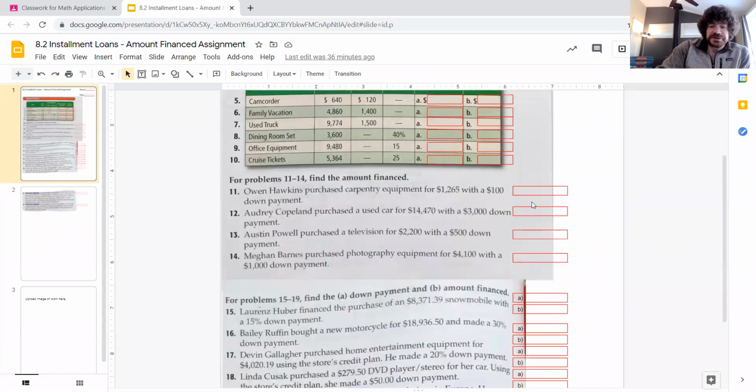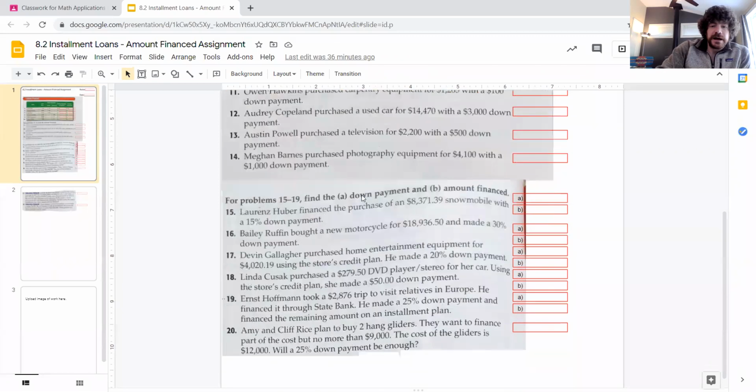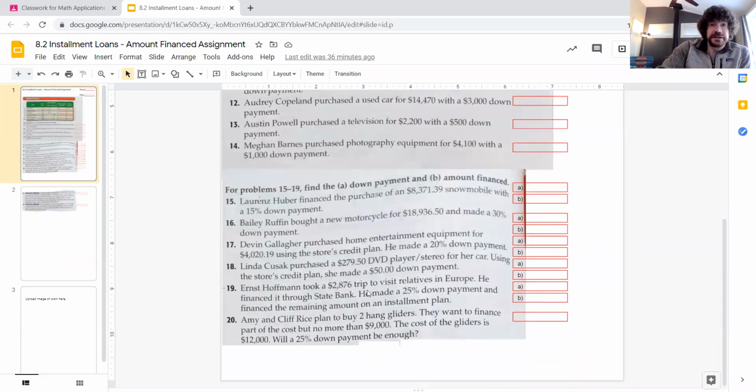For 11 through 14, it's just subtraction. 15 through 19 is going to be like what we just did for those last couple of problems. 20 is sort of a question that you have to reason your way through, a little bit of math to do. So it's asking you if a 25% down payment is going to be enough to finance no more than $9,000. So you're going to have to work through that one.